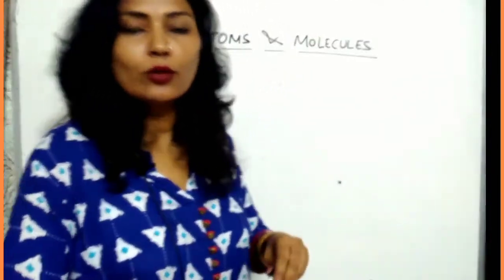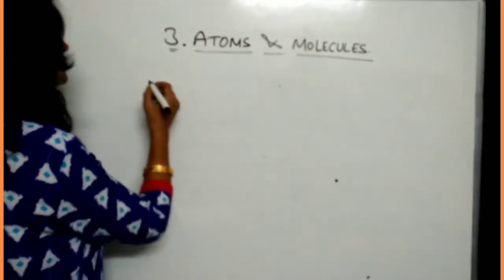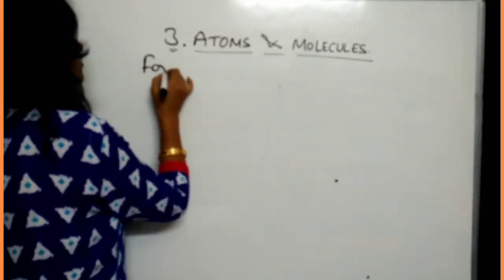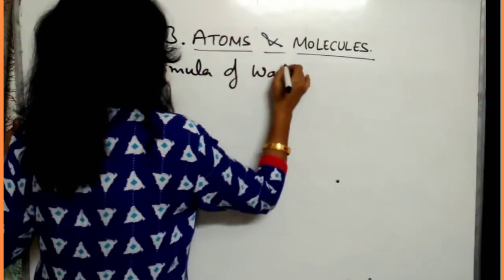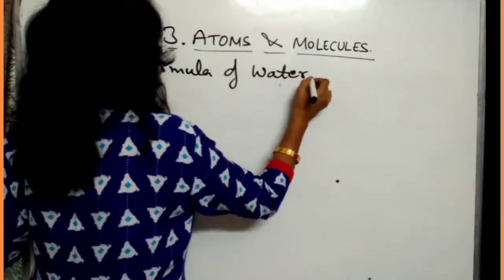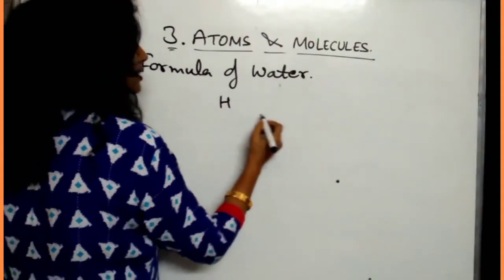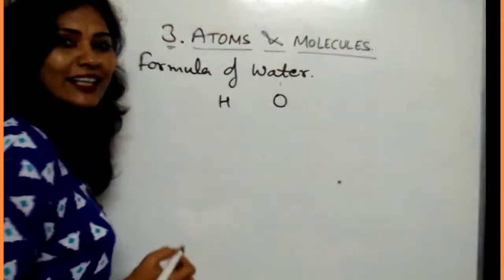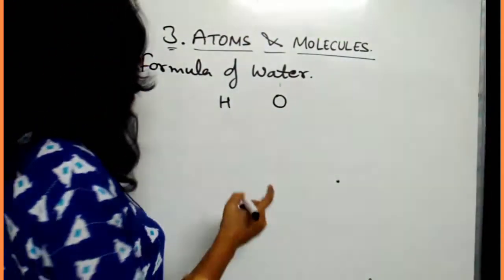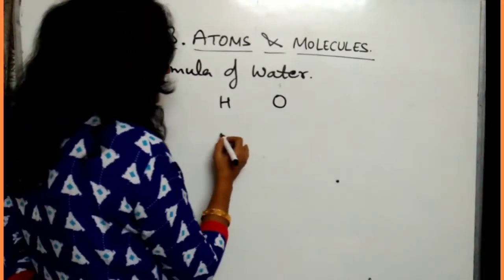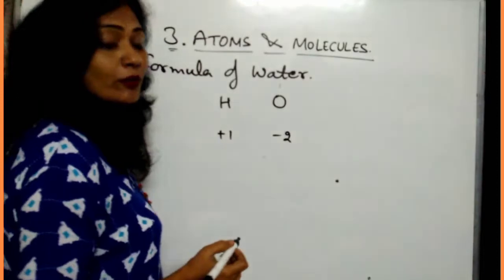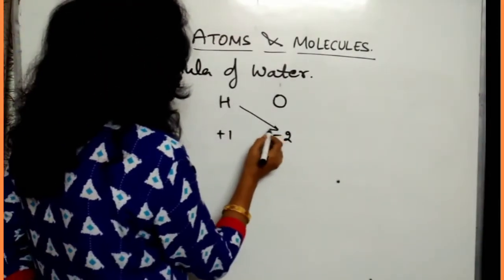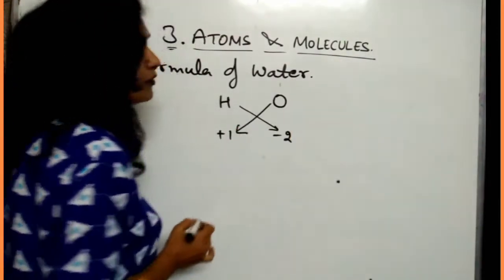Okay, so let us start. We will write the formula of water. Water contains H and O. H is positive and O is negative. The valency of H is plus 1 and the valency of O is minus 2. Now what we will do? We will cross the valency.